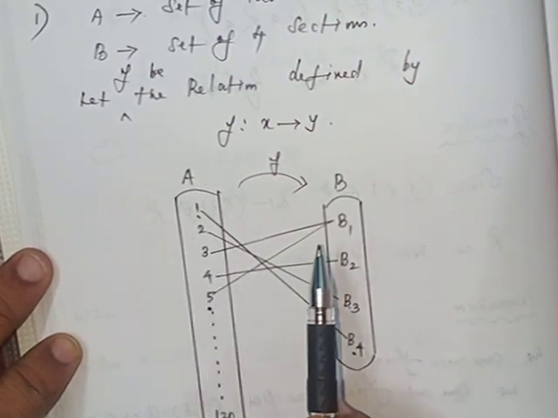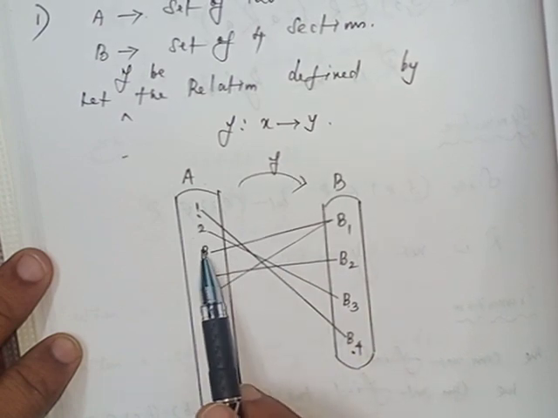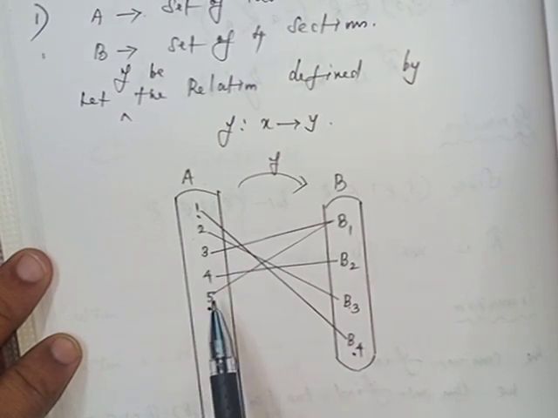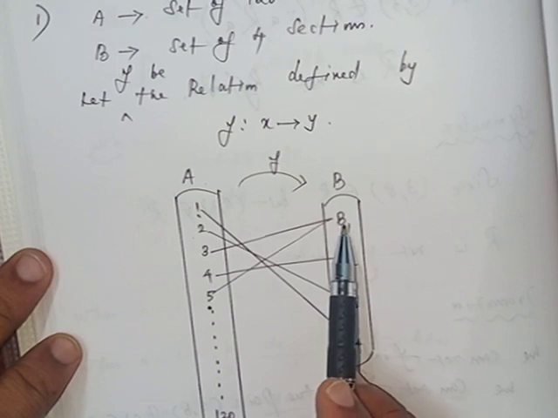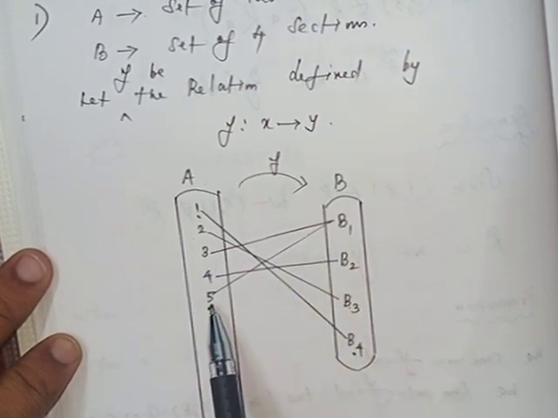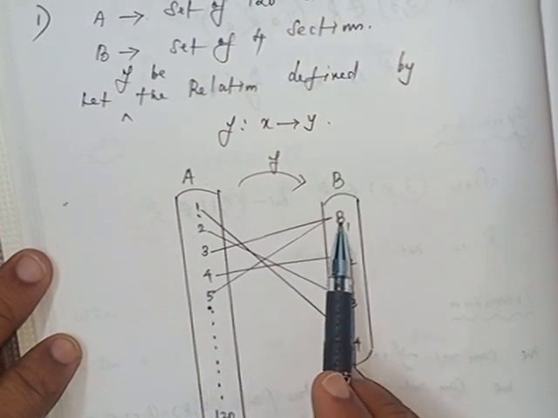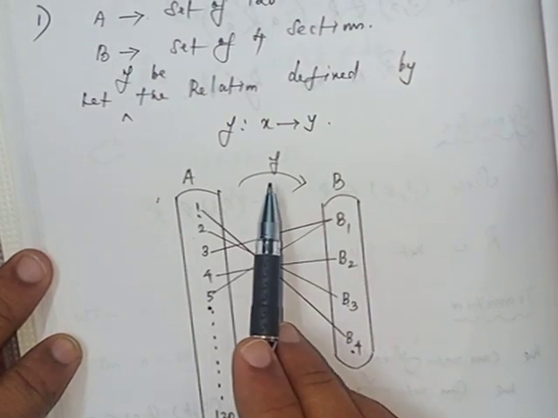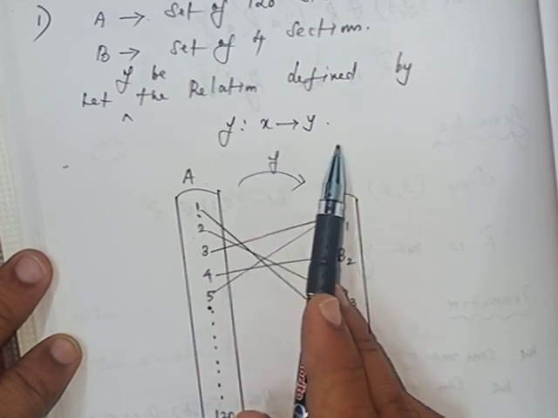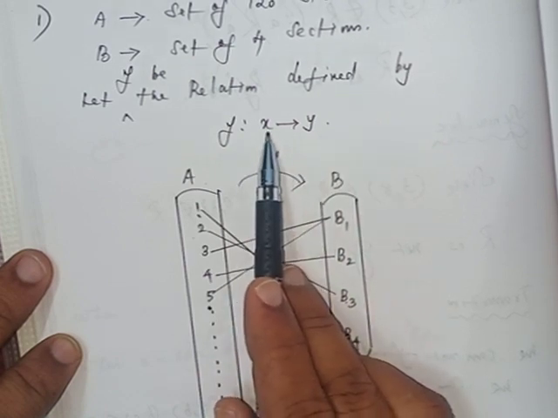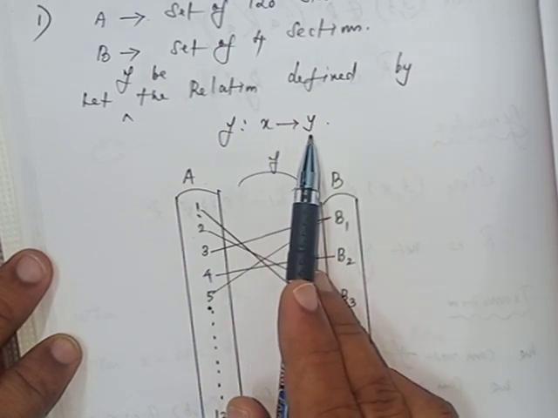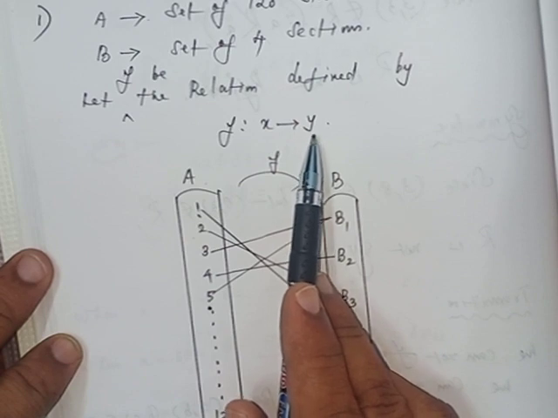Even 5 has only one image. Even though 2 different students are in one section, this 3 has only one image. The 5 has only one image. So definitely the relation f is a function from x to y. Here x represents student and y represents section.